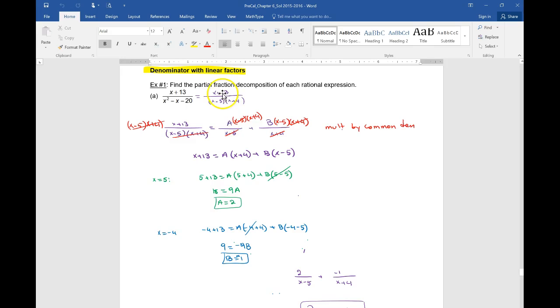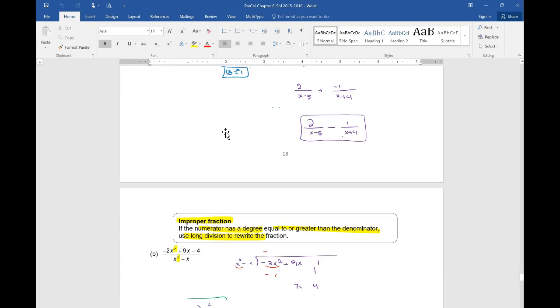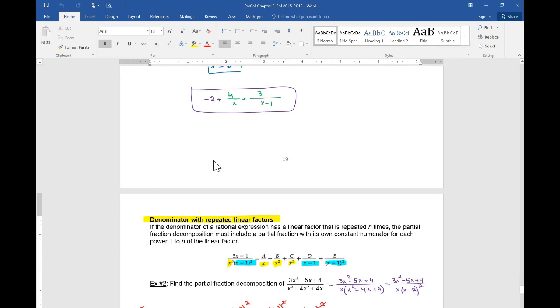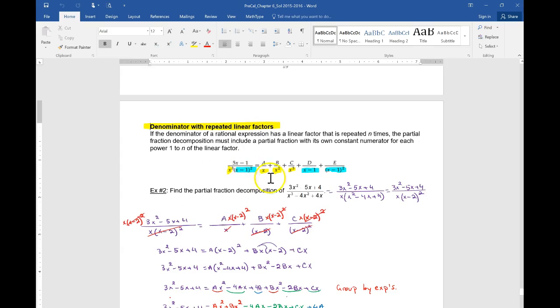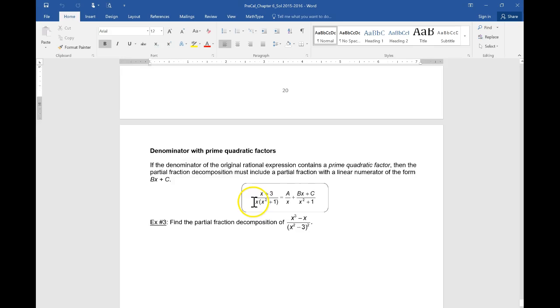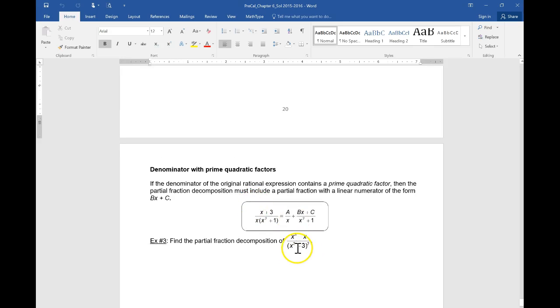If you ever have an improper fraction, no matter what, you have to do long division first, okay? This is the one most people forget. This is where we see most of the mistakes. And then you have your denominator with the quadratic factors, which is the last one that we did, okay?